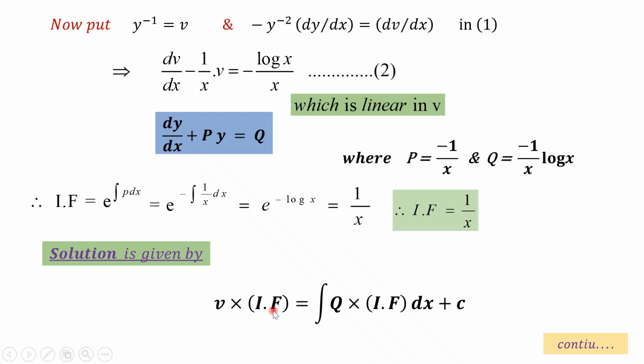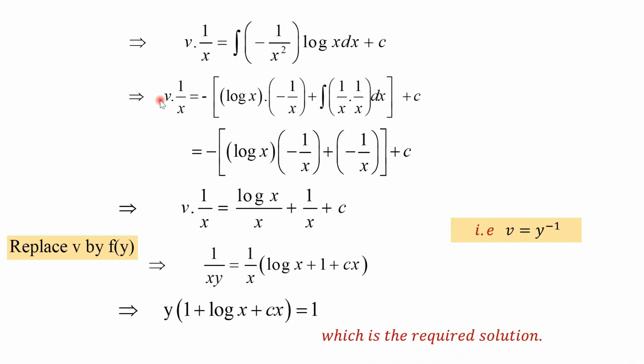v into I.F. equals integral of q into I.F. dx plus c. This implies v dot 1 by x equals integral of minus 1 by x square log x dx plus c. Integrate by parts. First function log x and second function minus 1 by x square.